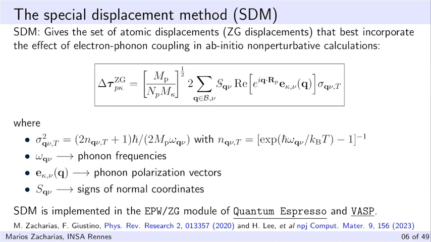By doing some combinatorics on the signs using the code we have implemented in Quantum ESPRESSO, we minimize the error and generate these ZG displacements. Thanks. So you mix them according to the classical thermal amplitude, and then you have these signs that minimize the error. Exactly. Thanks.